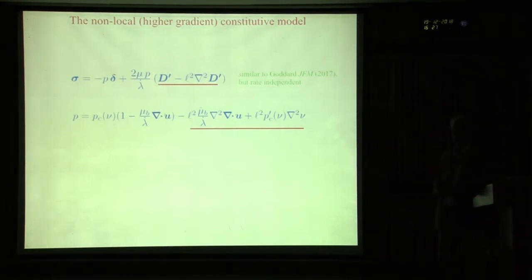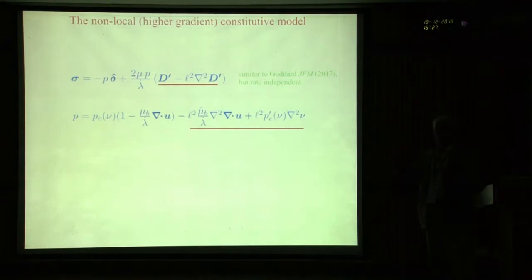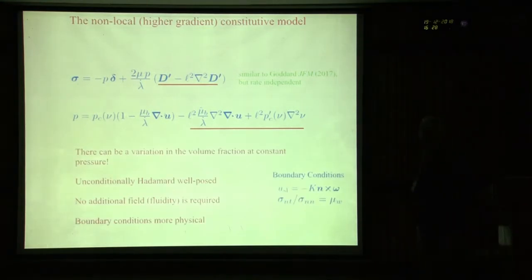So all I have assumed is, to repeat, that I can volume average the flow rule around a small volume, and that is the true flow rule. The local flow rule is not what really represents the strain rate, is my thesis. So now if you simply look at this, at constant pressure you can now get a gradient in the volume fraction.